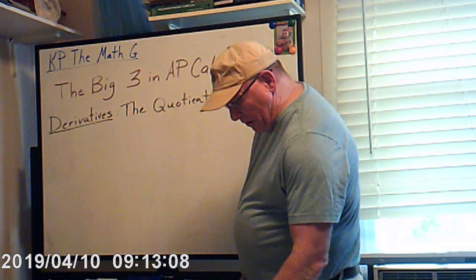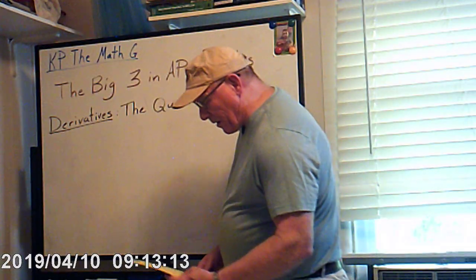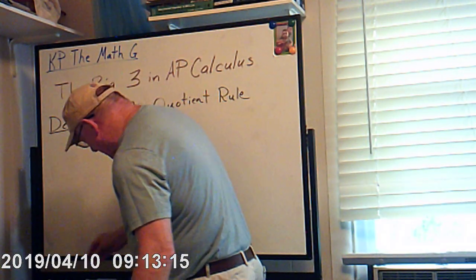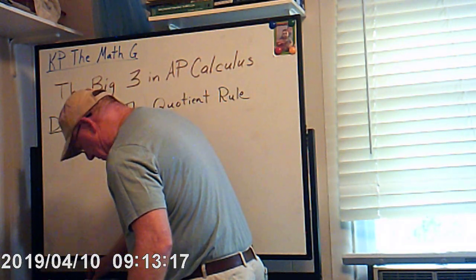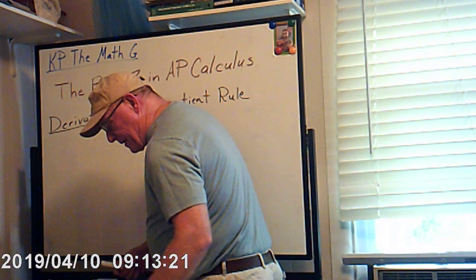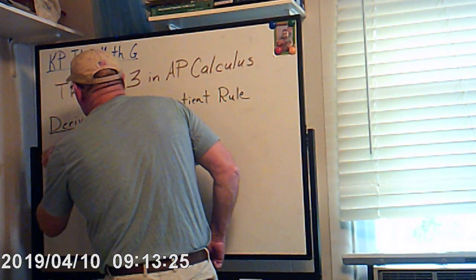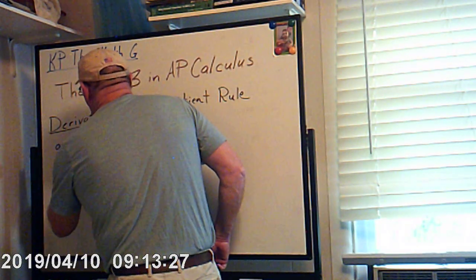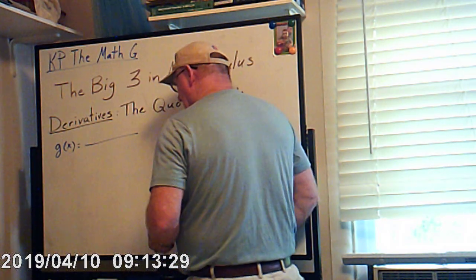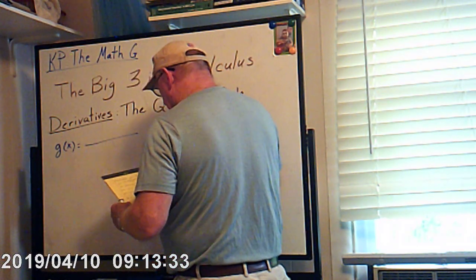We're dealing with a quotient rule, so I'm going to give you a quotient to work with. Here it is right here. Let's put this up here. g of x. Now, a quotient is a ratio. That's what we're going to work on.